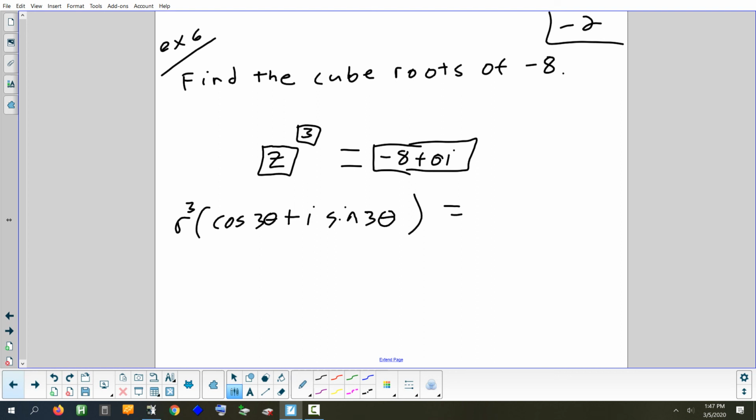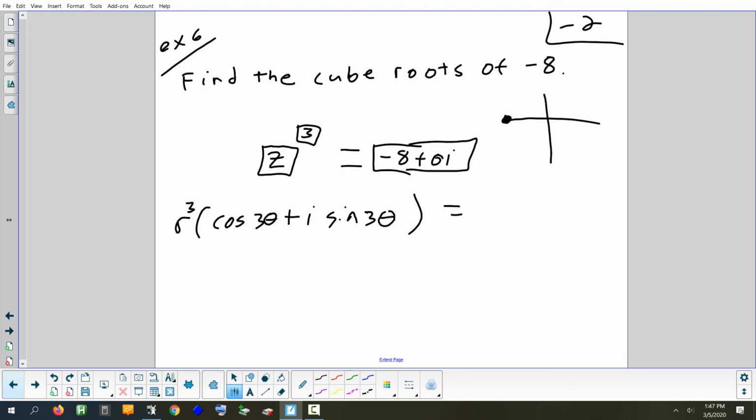Now what do you do? Well, we have to find what r is. So r to the third is equal to... How do you graph -8? Negative 8 on the x-axis, so the radius is 8.